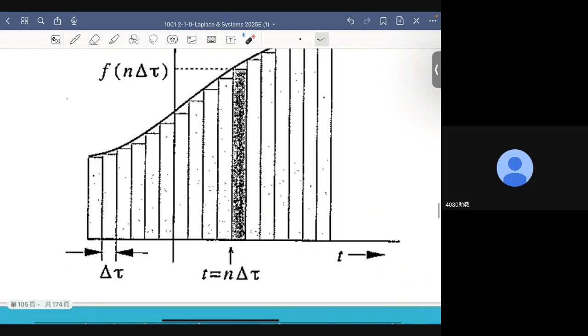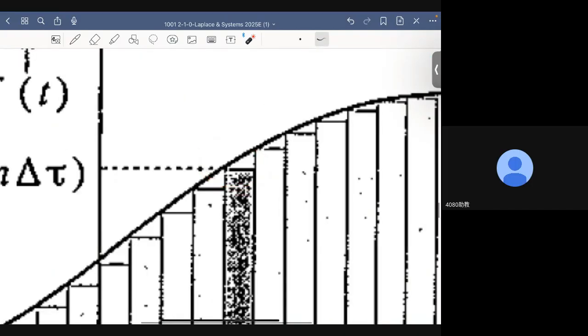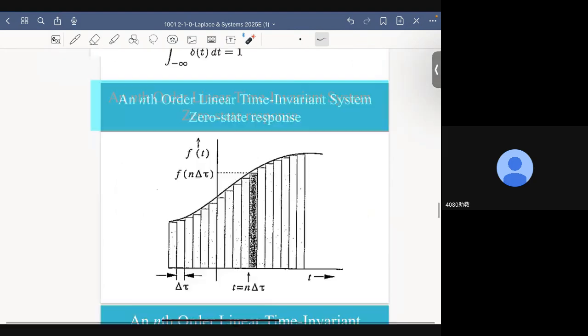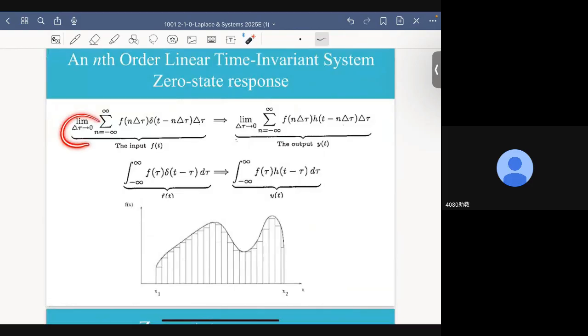And if I push it to the limit, that is, if I make delta tau approach 0, then such a difference will also converge to 0, okay? And that is exactly what we want to do. We just assume delta tau goes to 0. And mathematically, we can show that this will convert this summation into this integral, okay? And this integral, by definition, is nothing but f of t, which is the input, all right?